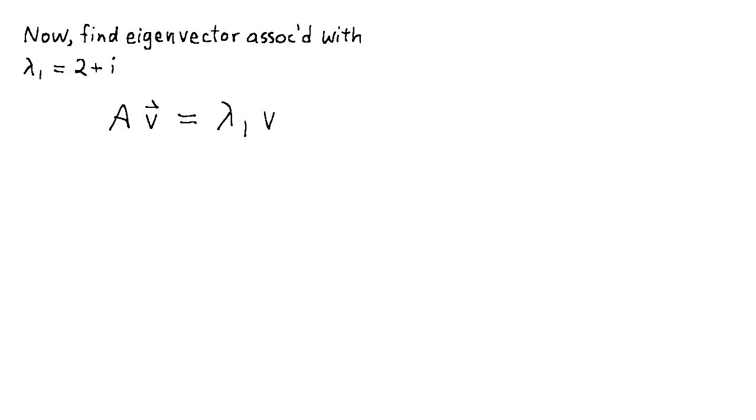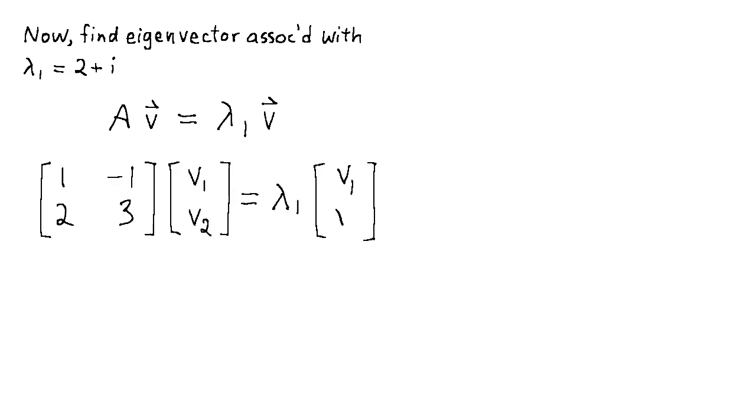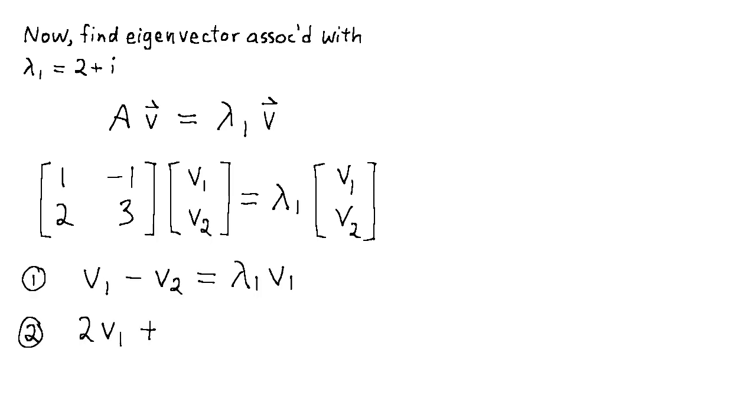Let's now move on to the task of finding the eigenvector associated with lambda 1. We know that the eigenvector satisfies this equation, which we can rewrite in this way. Remember, what we see here is nothing more complicated than two linear equations with two unknowns, v1 and v2. What's more, just like we saw in an earlier video, the solution to this problem is not unique.